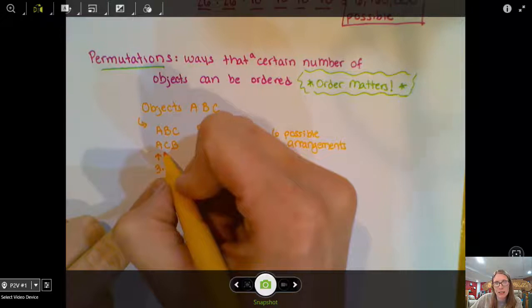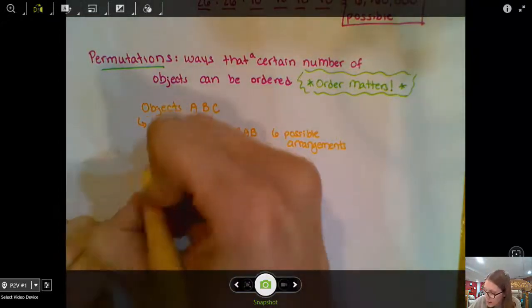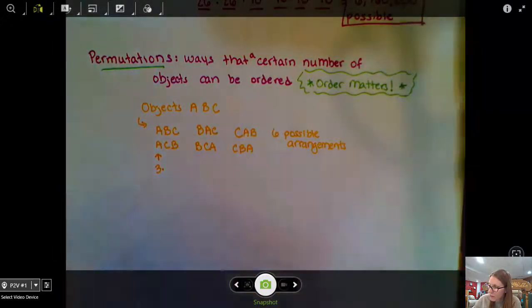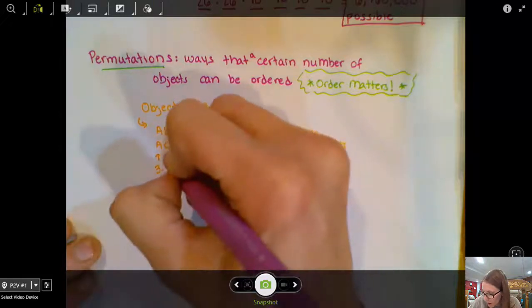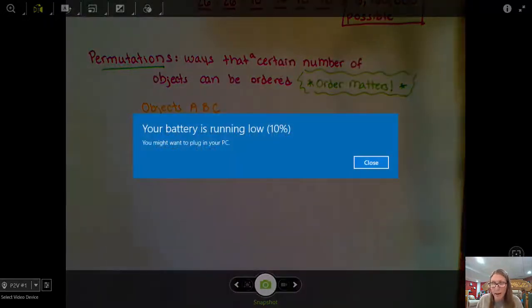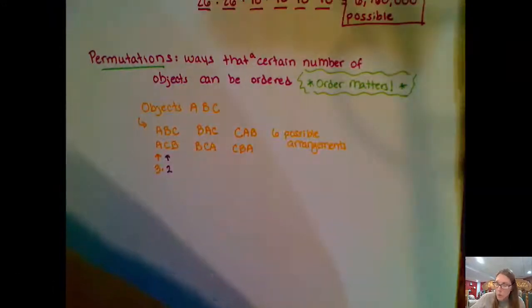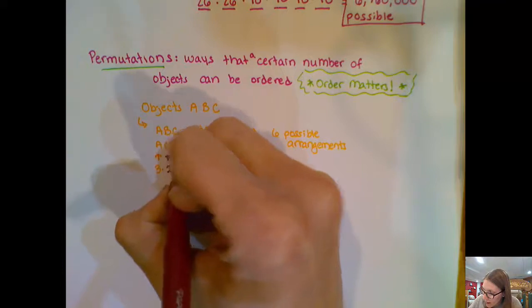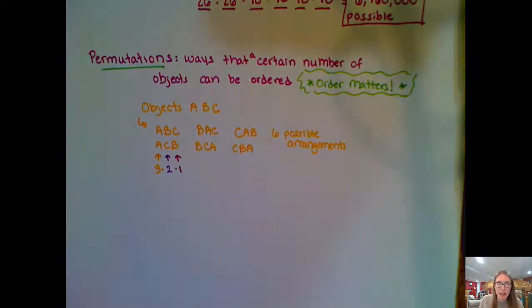But now for the second space, we only have 2 letters left. So there's only 2 possibilities for the second space. And now if we've already used 2 letters, we only have one letter left. So only one last possibility there. 3 times 2 times 1 gives us our 6 possible arrangements.